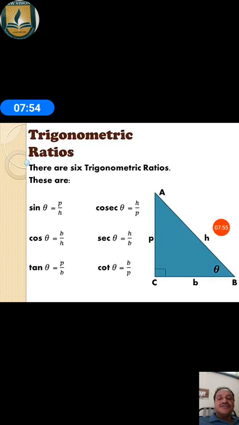Secant theta is defined as hypotenuse by base, that means hypotenuse by the adjacent side to angle theta, and cot theta is defined as base by perpendicular or adjacent side by opposite side. In this way, these six trigonometric ratios are defined.